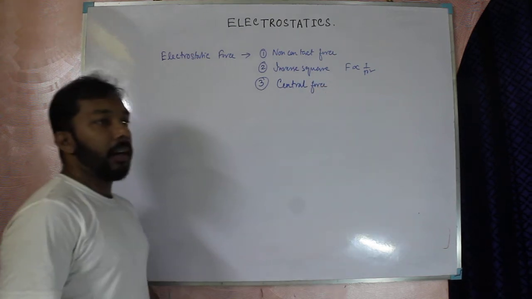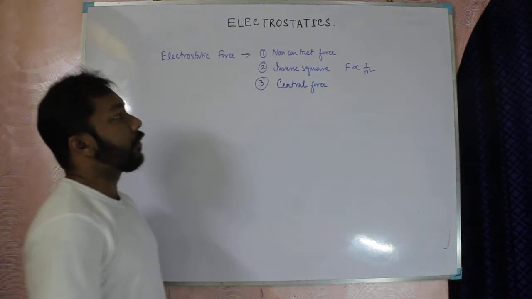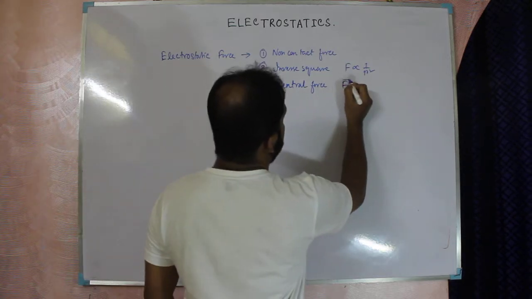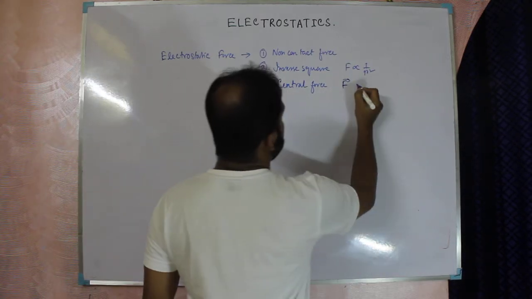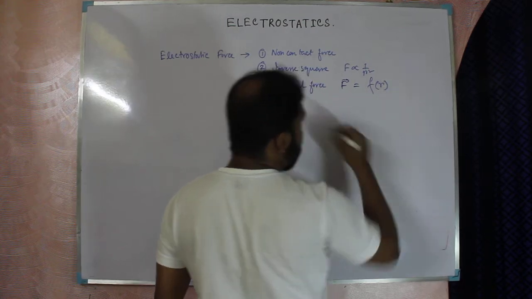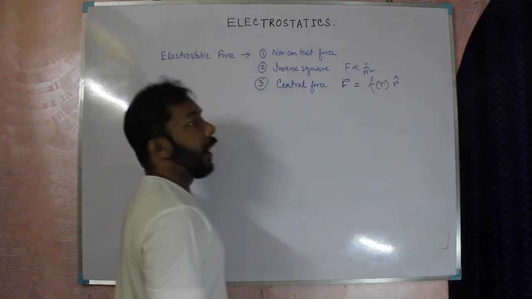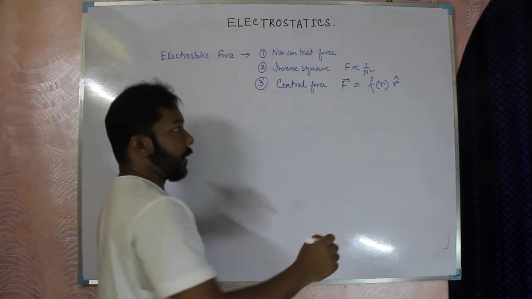Now there is a general expression for a central force, and central force can be written like that: F is equal to some function of r. F is a function of r, and it obviously acts along the radius.